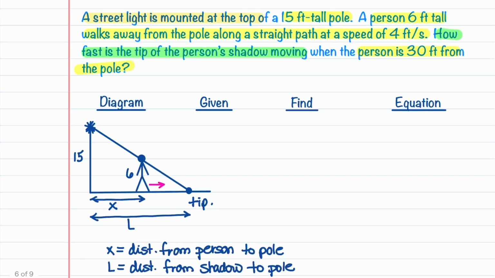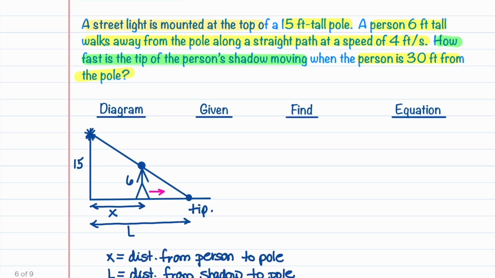Now let's go ahead and put down what we are given. We are told that the person walks away from the pole at a speed of 4 feet per second. So we can now say that dx/dt is equal to 4 feet per second. And we want to find how fast the tip of the person's shadow is moving. So that is going to be dL/dt.